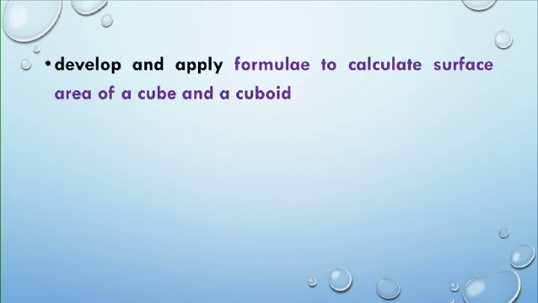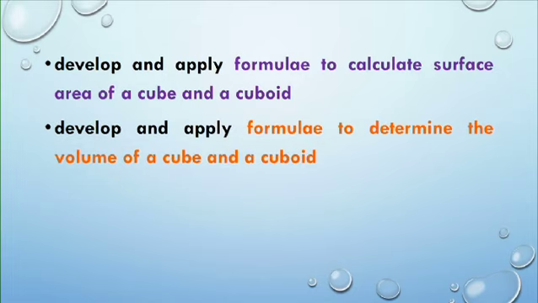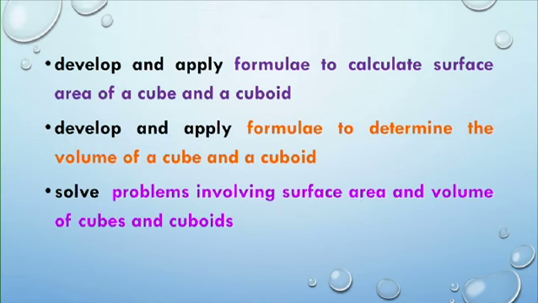You have also learned how to develop and apply formulae to calculate surface area of a cube and a cuboid, as well as develop and apply formulae to determine the volume of a cube and a cuboid. You have also solved problems involving surface area and volume of cubes and cuboids.